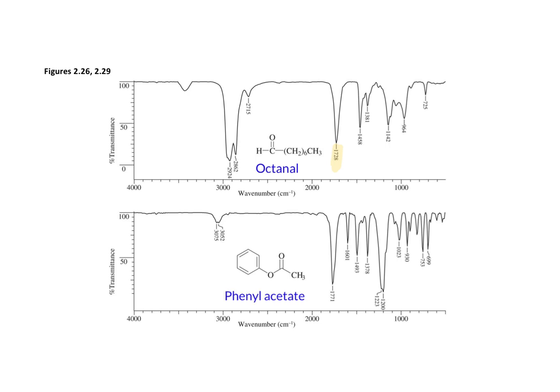For phenyl acetate, the phenoxy group withdraws sufficient electron density to weaken the carbon-oxygen bond, and that strengthens and shortens the carbonyl bond, evidenced by the frequency stretch at 1771 wave numbers.